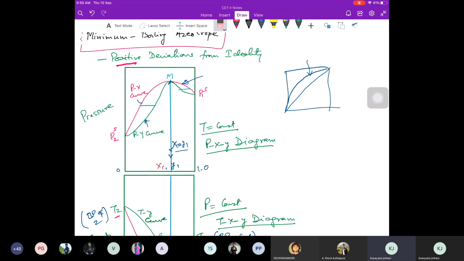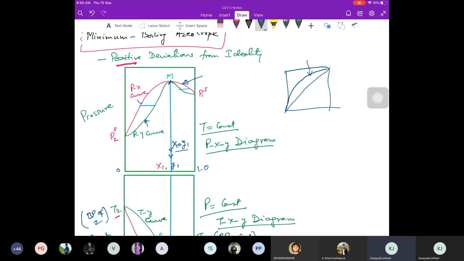Yes sir. If you look at this pressure-composition PXY curve, the PX curve and PY curve are merging at that point. That means if I take any liquid of composition x1, I'll get a vapor of composition y1, which is same as x1. हमने देखा था azeotrope का definition, right? Liquid and vapor composition is same.